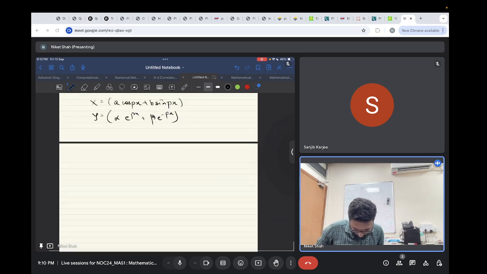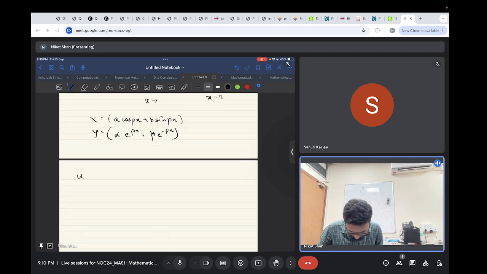Okay, so u is equal to this combination, right? A cos px plus b sin px multiplied by alpha e power py plus beta e power minus py.